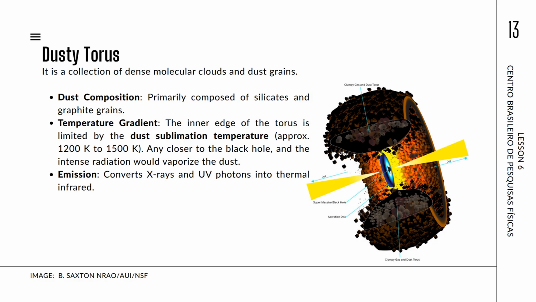So this inner edge of the torus is just evaporated, sublimated, due to the very high temperatures. The torus basically converts X-rays and ultraviolet photons coming from the accretion disk and re-emits everything in the infrared. This is thermal emission in the infrared, like a blackbody emission.